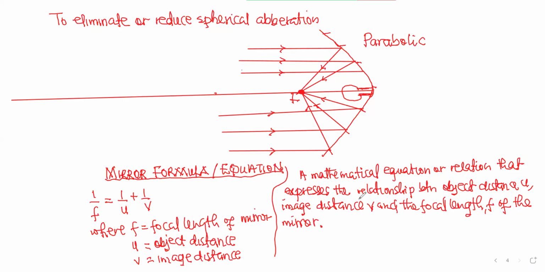So it's a mathematical equation or relation that expresses the relationship between object distance U, image distance V, and the focal length F of a mirror.